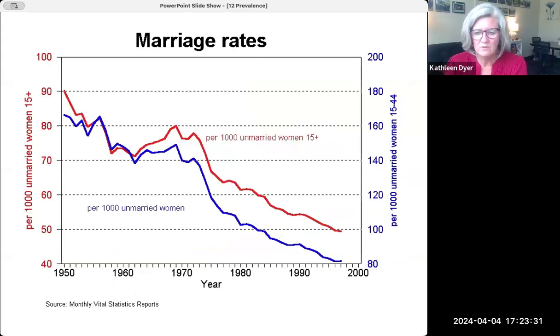The general marriage rate, we don't have 2010, but we have 2000, was 50. This makes sense, of course, because they have a different baseline, but this is just a word to the wise.